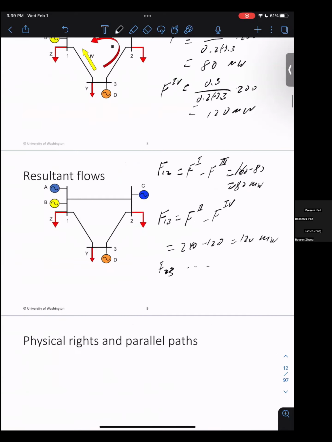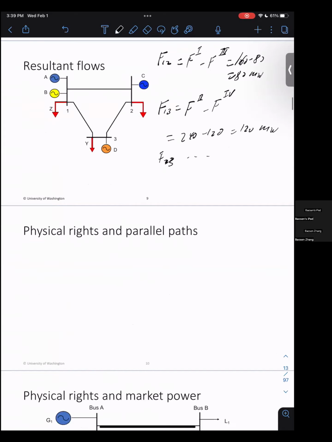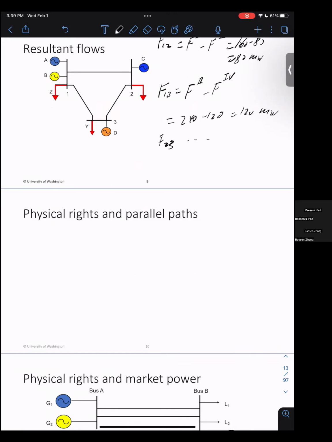So the idea is that whenever you have all these kinds of paths, it's very complicated, because you can have a lot of physical transmission. It's a superposition of many things.